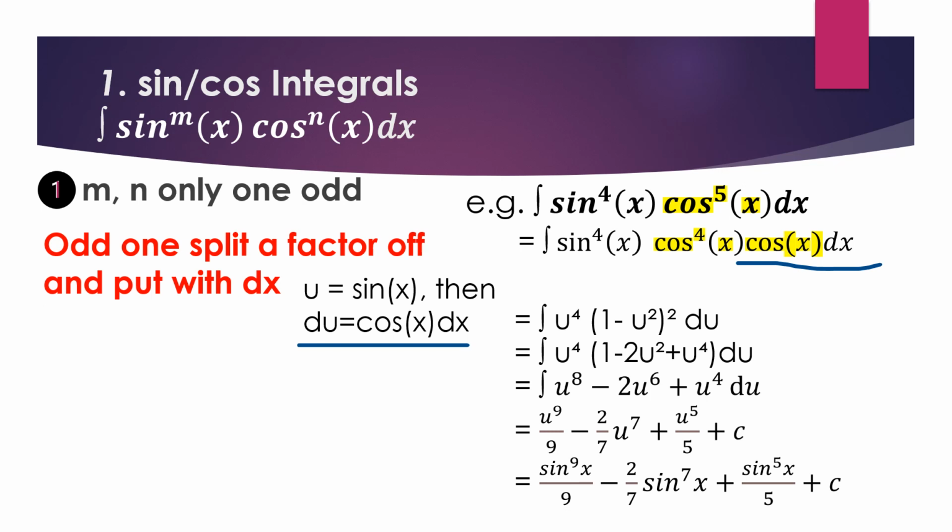Equal u to the 9th over 9 minus 2 over 7 u to the 7th plus u to the 5th over 5 plus c. Last, please remember to substitute u with sine x in your solution. Equal sine x to the 9th over 9 minus 2 over 7 sine x to the 7th plus sine x to the 5th over 5 plus c.